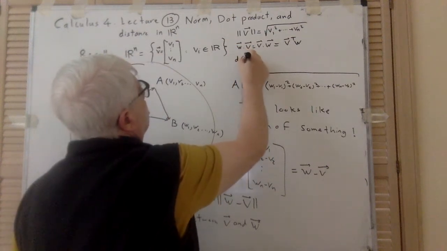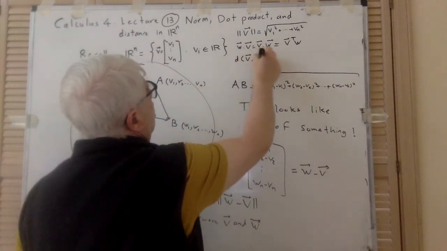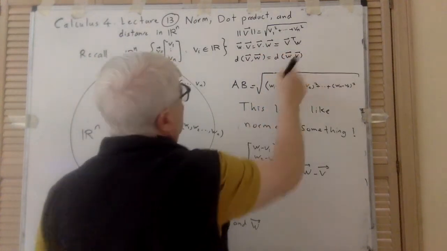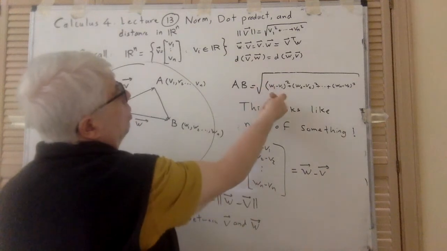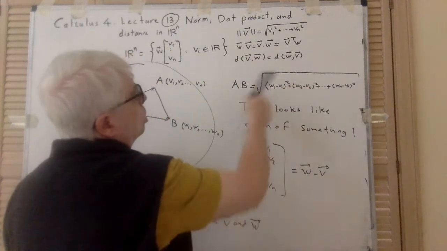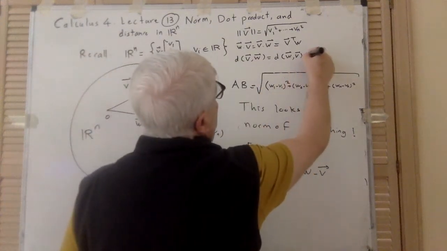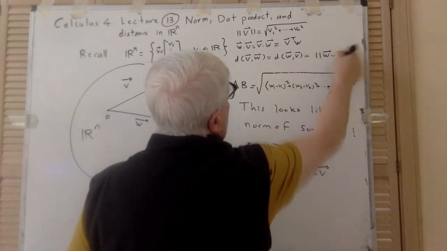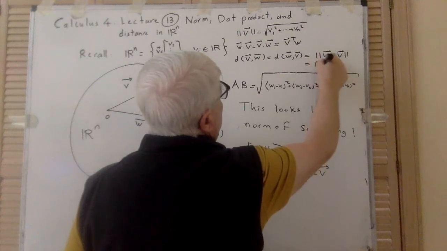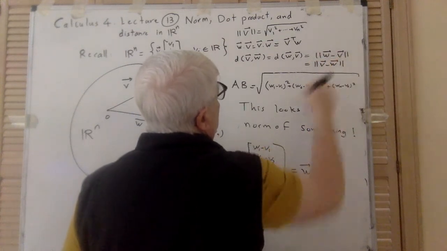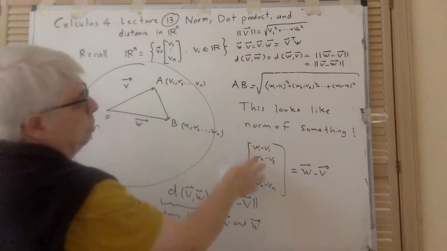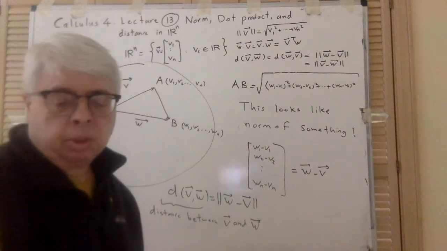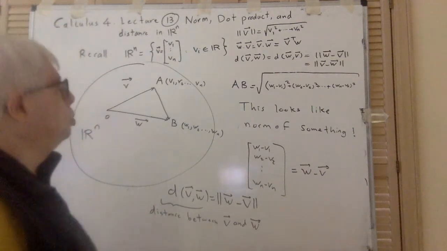And the distance between V and W is the same as the distance between W and V. You can flip this and nothing happens because it is a square. That is the norm of W minus V, or it's also the same as V minus W. If you flip this, when you square it, you will get the same thing. That is the good thing about squaring something.